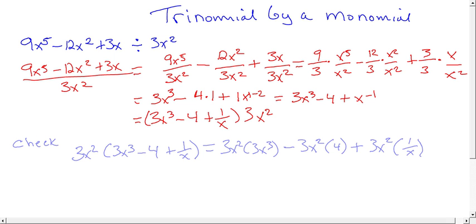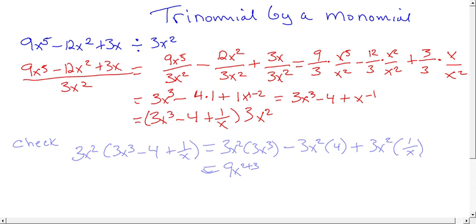Okay, now we just go ahead and distribute everything, and we will have here 3 times 9, which is 9, and that's going to be x to the 2 plus 3.